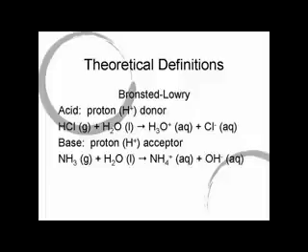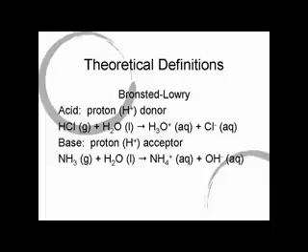The next theoretical definition that we want to look at is the Bronsted-Lowry definition. And here an acid is defined as a proton donor, a proton being a bare hydrogen ion, H+. And so now we write HCl plus H2O yields H3O plus, which is known as the hydronium ion, plus Cl minus.